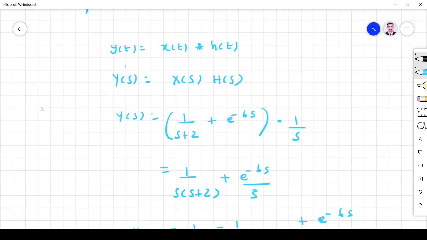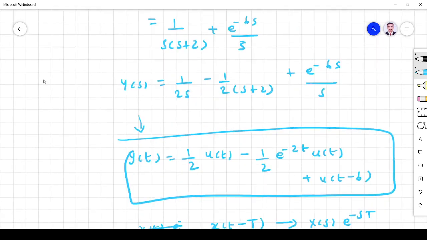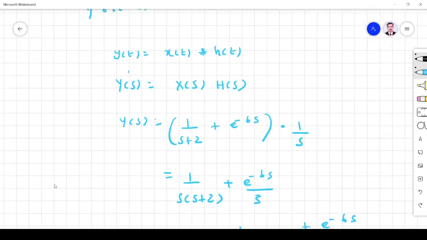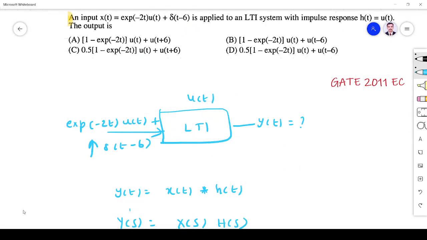If I take 1 by 2, which is 0.5, common, I get 0.5 times 1 minus e power minus 2t u of t, plus u of t minus 6. So the answer is, sorry, it is t minus 6, not t plus 6. So option D is the right answer. Thank you.